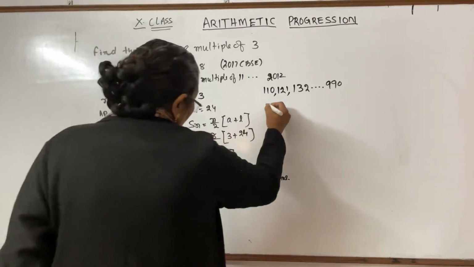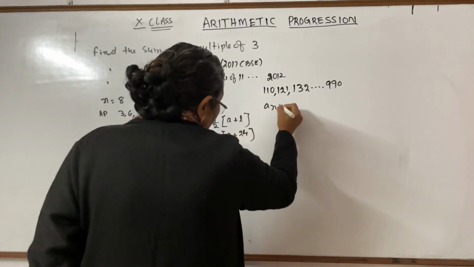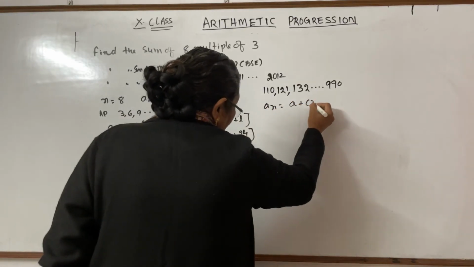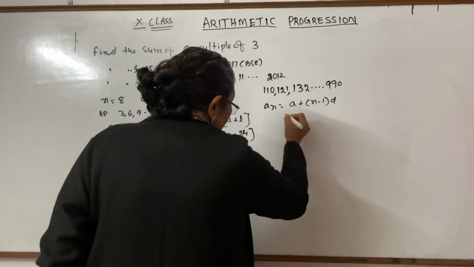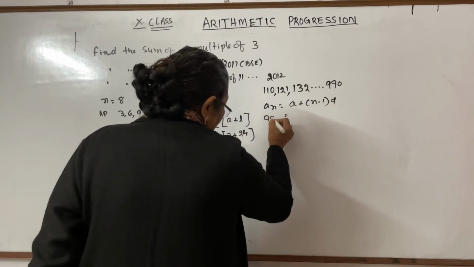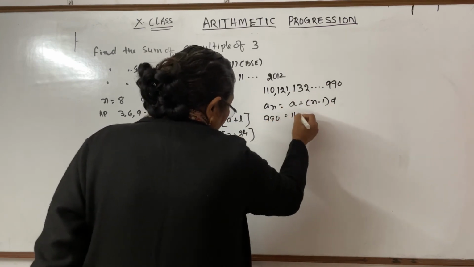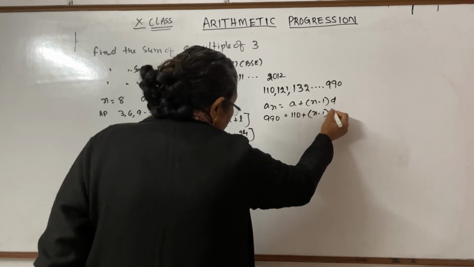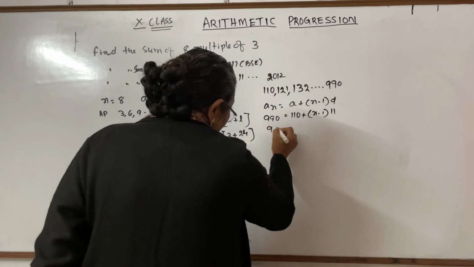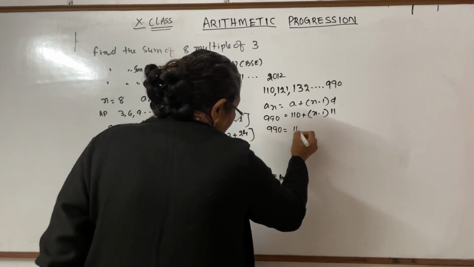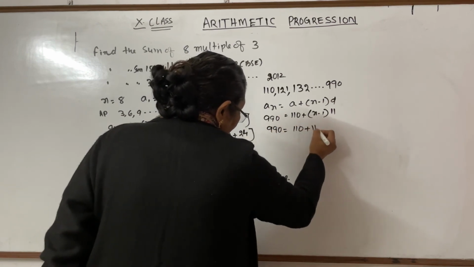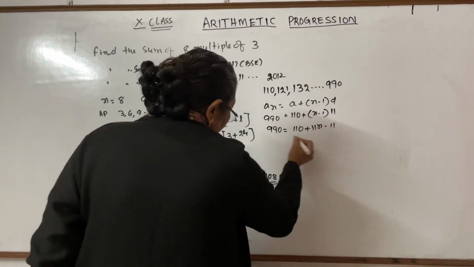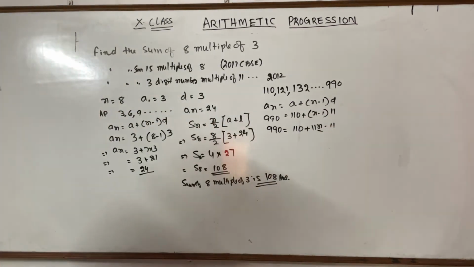Nth term equals A plus N minus 1 into D. Here the nth term we know, 990. A we know. I am doing this one quickly. N we don't know. D is 11. So 990 equals 110 plus 11N minus 11. So this way you can find out N.